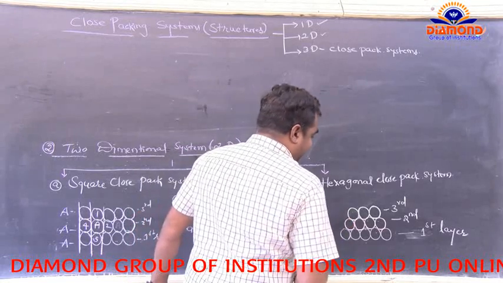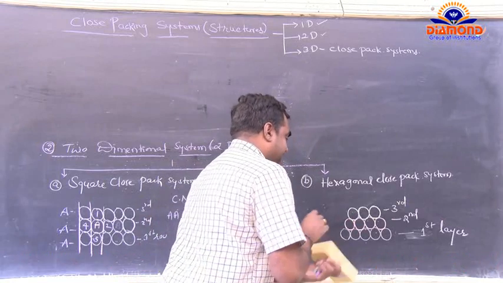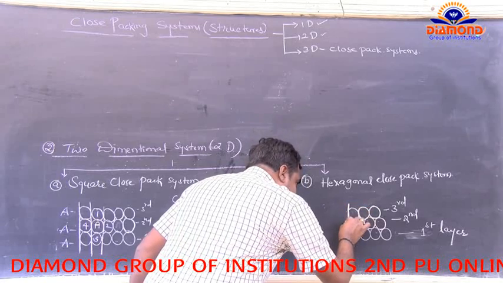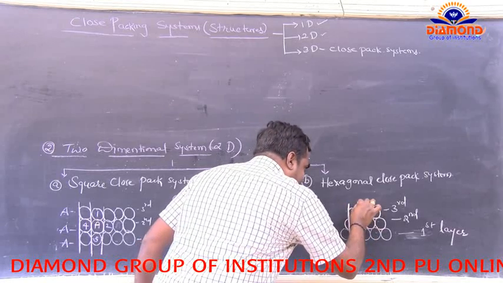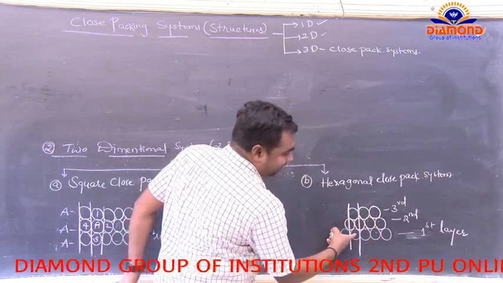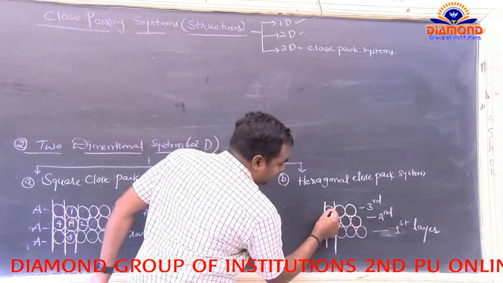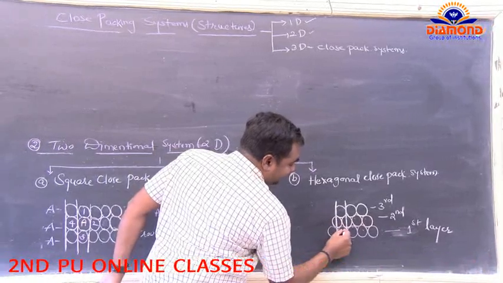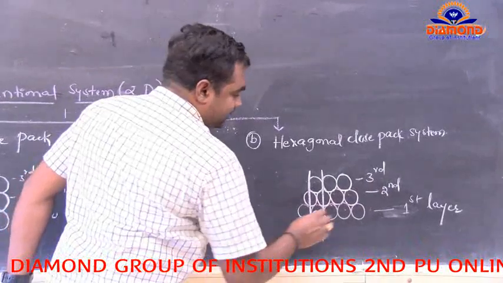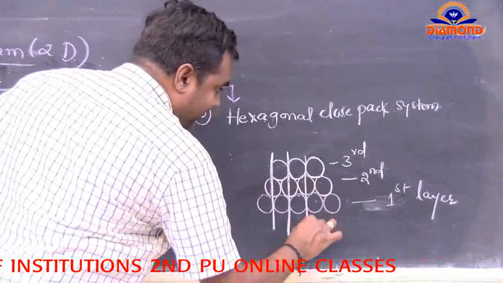Now here, if you observe the third layer, it is exactly on the first layer. The atoms present in the third layer are present exactly above the first layer. So here is the atom present in the first layer, and exactly above it is the atom belonging to the third layer. So the third layer is similar to the first layer.